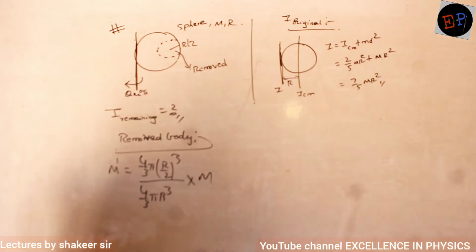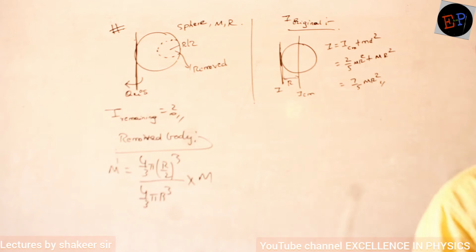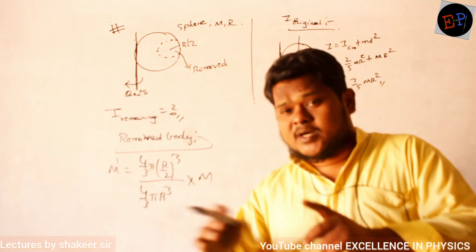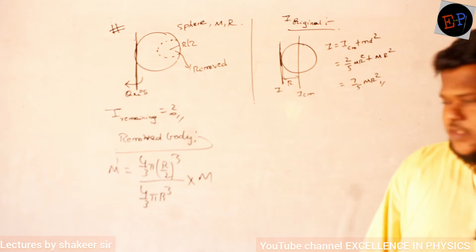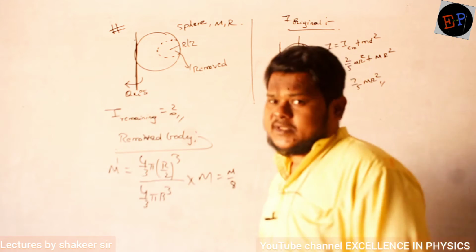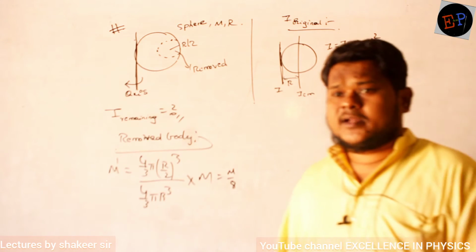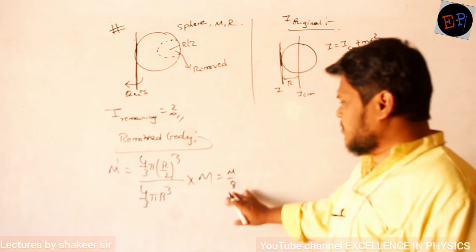This is the method of doing the calculation. Are you able to understand? First you have to check if mass is distributed in length, in area, or in volume. So if you do this calculation, first of all I will get m by 8. That is the mass of the removed body. Any doubt? Are you able to understand?